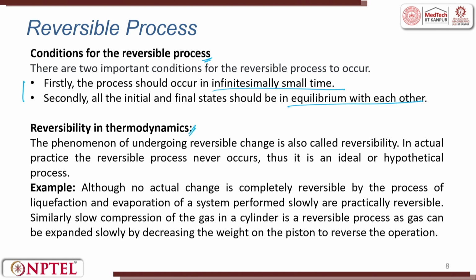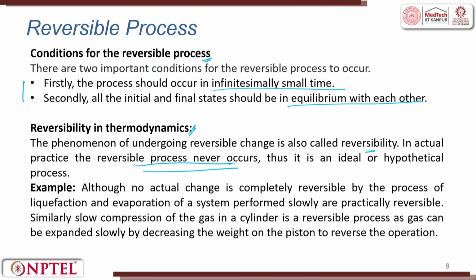The phenomenon of undergoing reversible change is also called reversibility, the ability to reverse. In actual practice, the reversible process never occurs, but for simplification in calculation, we always try to take it as a reversible process.